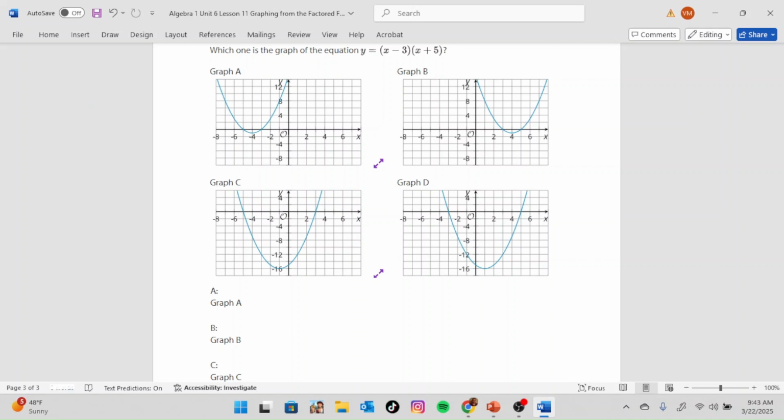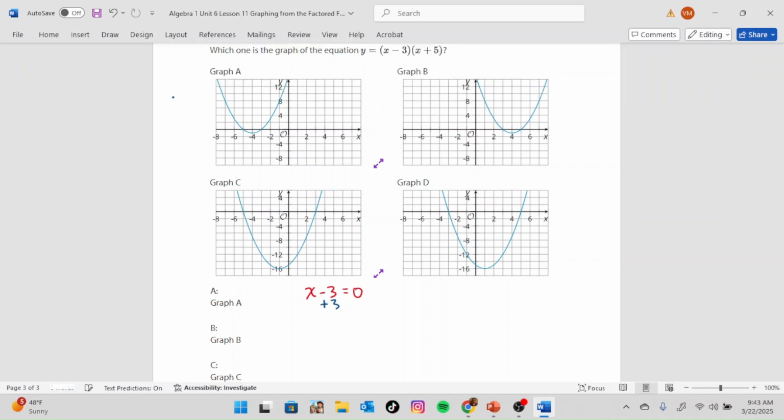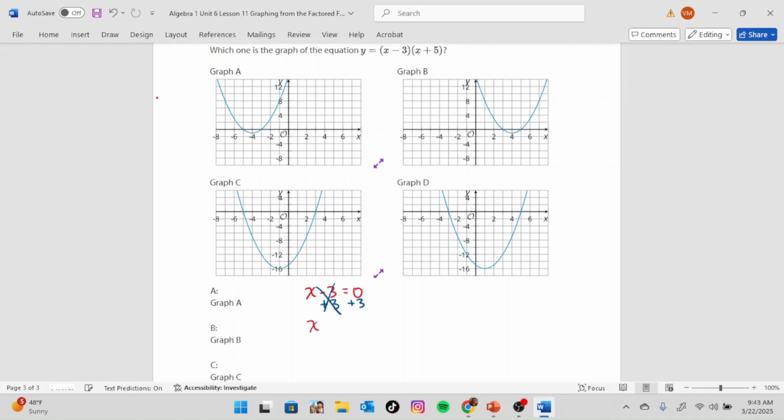We'll take x minus 3 and we'll set it equal to 0. We add 3 to both sides, and we find that x equals 3, so we have an x-intercept at (3, 0).